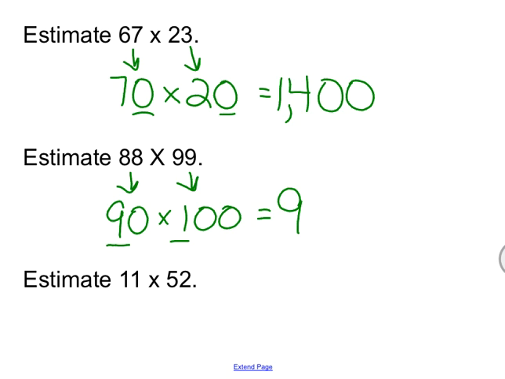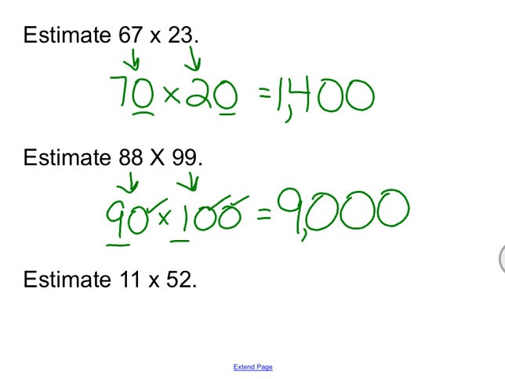So I see 1, 2, 3 zeros. So now I will add 3 zeros to my product. 1, 2, 3. So 88 times 99 is about 9,000.